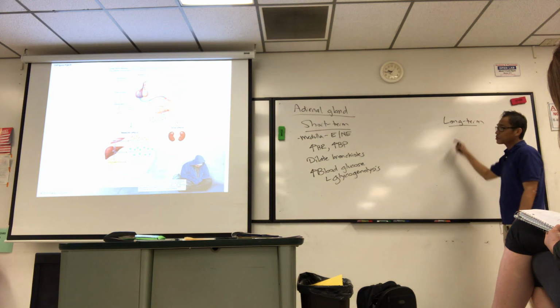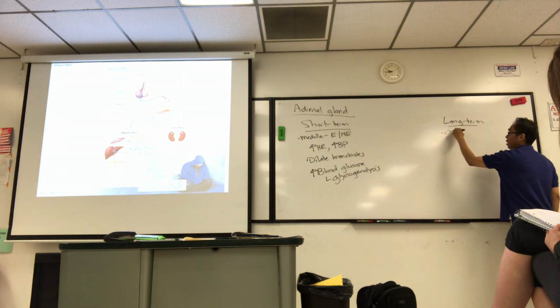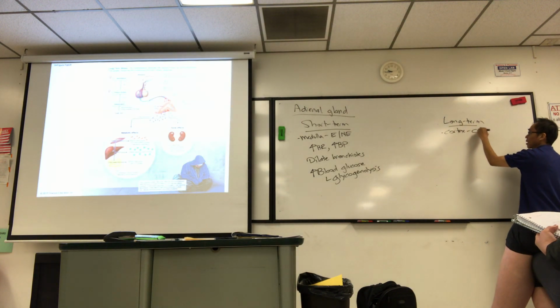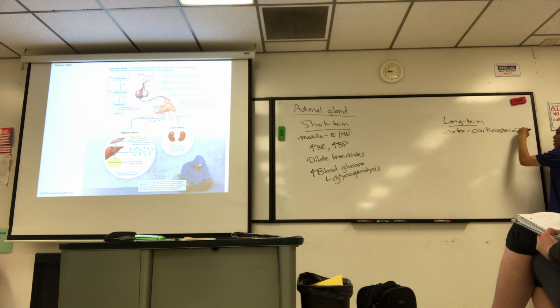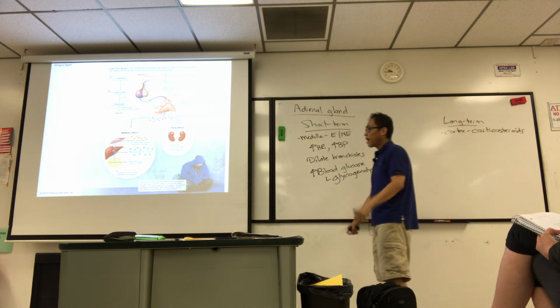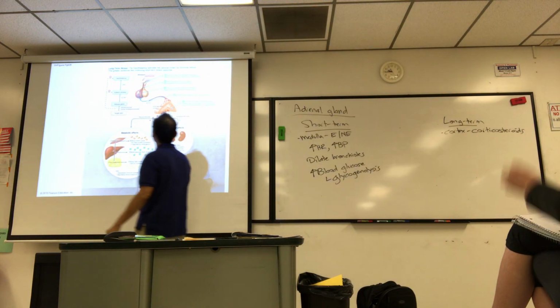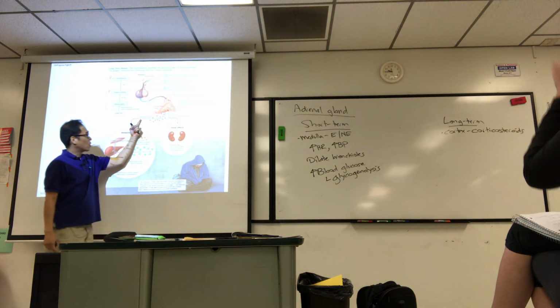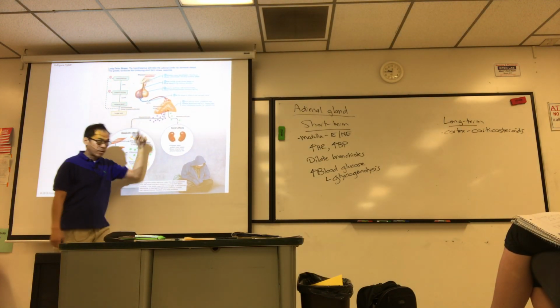The long-term stress response is by corticosteroids, from the cortex, mostly from the top two zones, glomerulosa and fasciculata. So let's see what it says here. Glucocorticoids, mineralocorticoids. I know you can't read it there. Let me write it on the board.